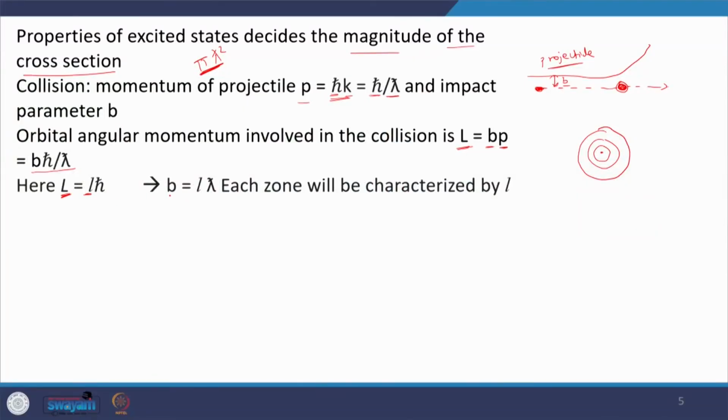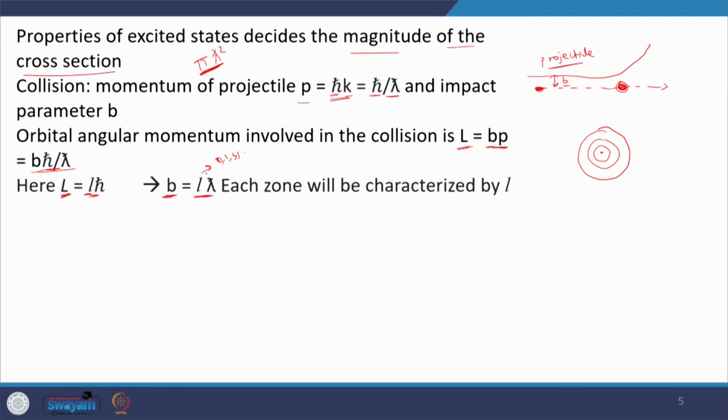That is what we are assuming in this particular case, which is the normal case. The relations are L equal to b p and L equal to l h bar. From these expressions we can get the impact parameter in terms of orbital angular momentum like this, b equal to l lambda bar. So, l is equal to integers basically, 0, 1, 2, 3, 4 like that.